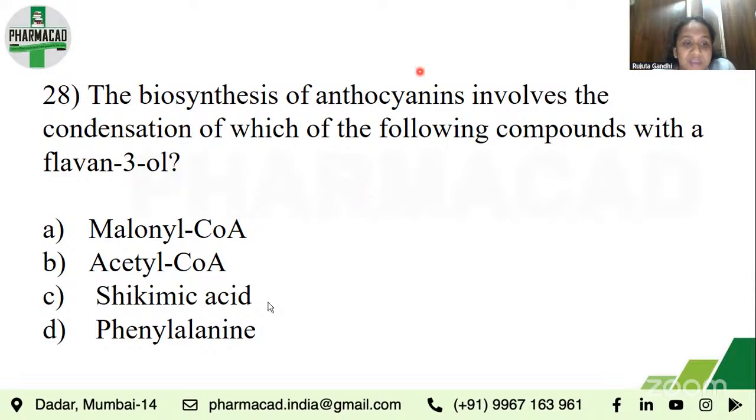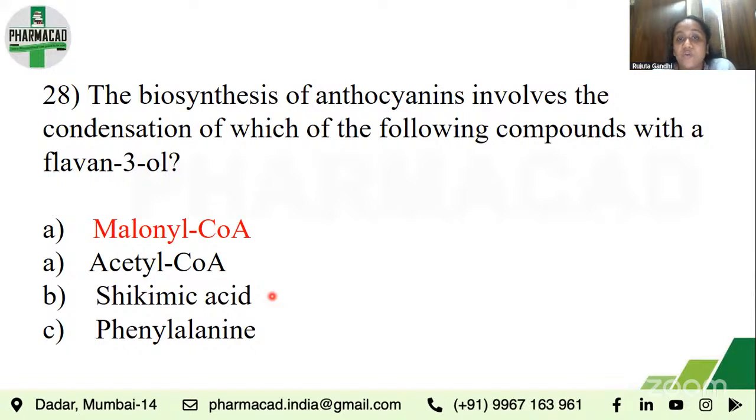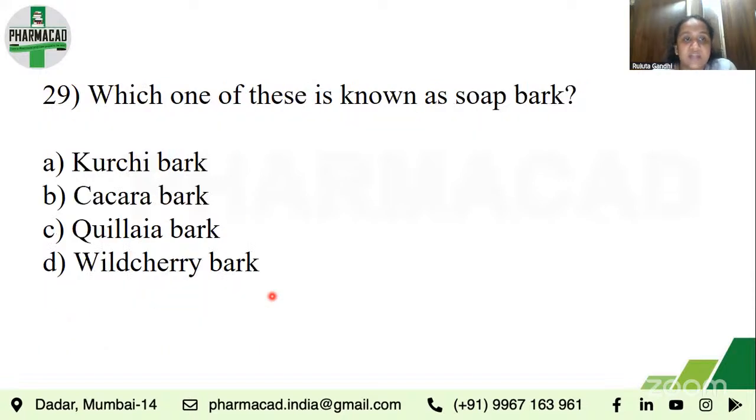So if you see, malonyl coenzyme is given, acetyl, anthocyanin biosynthesis. So which pathway will be chosen? The answer to this is malonyl coenzyme A. If you have a look at the biosynthesis pathway, you will be able to gauge that. I am planning to take it up just now in a short series, so that is done.